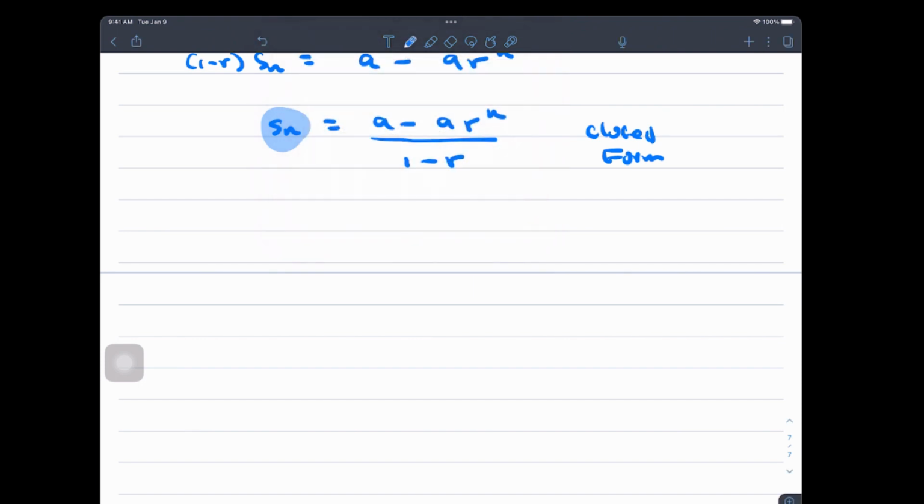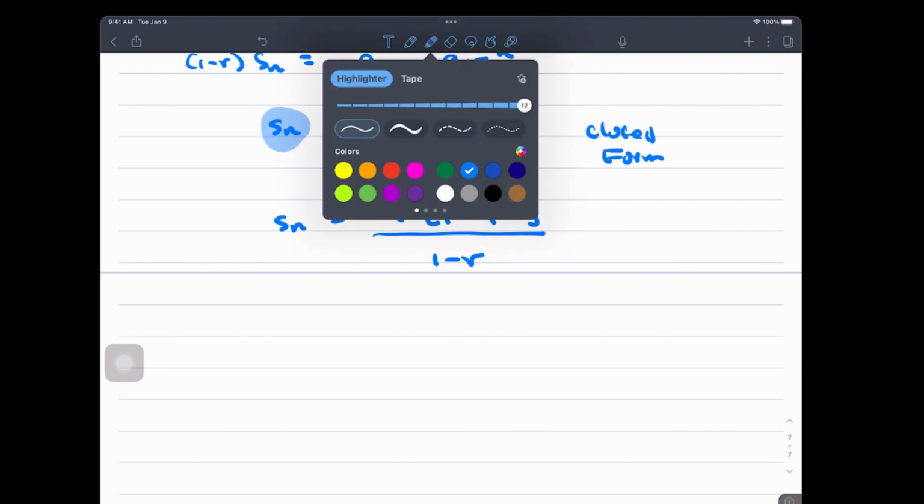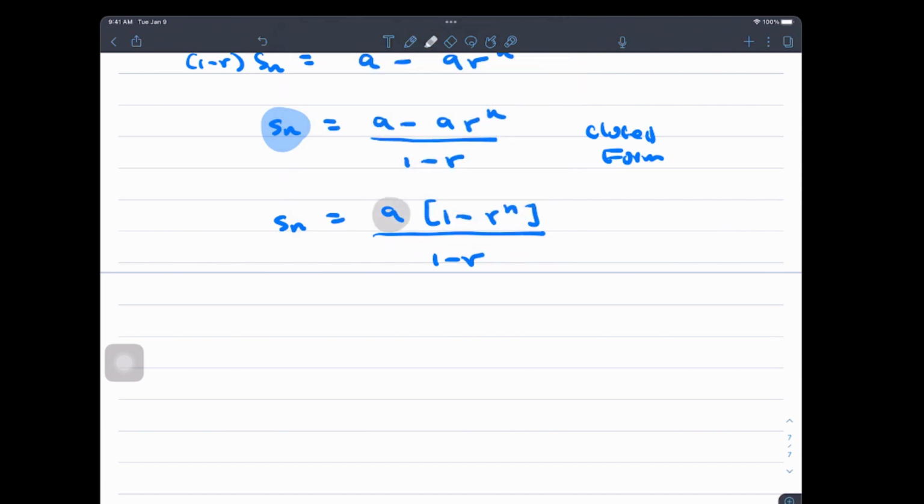I think what you can do, and sometimes people do, is they'll factor out the A, and you're left with 1 minus R to the n here, and bring that 1 minus r. This is what some people do with the algebra. All of these things are constants. So you get Sn is A over 1 minus r, factor out the constants. Now you have 1 minus r to the n. And that's a closed form that you want to take the limit for.